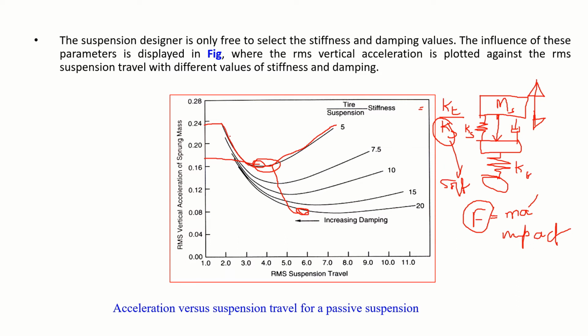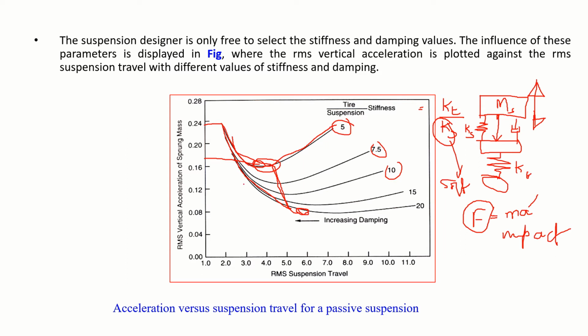Somewhat, this becomes a kind of usable range. So depending on the road condition, you might have to take this position or this one, and accordingly adjust the damping value and maintain, as far as possible, low RMS vertical acceleration values.